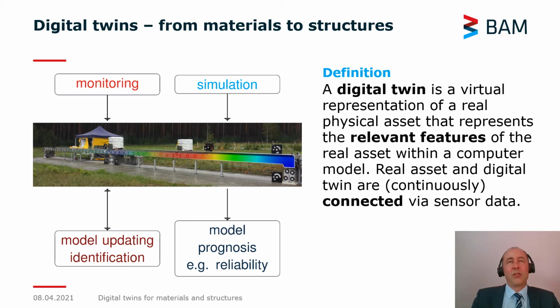And if you then want to use this digital twin for, say, damage identification procedures, then it's of utmost importance, from my point of view, to perform something like a model updating or a model calibration of your initial model, and then continuously update it during the lifetime or the monitoring phase.